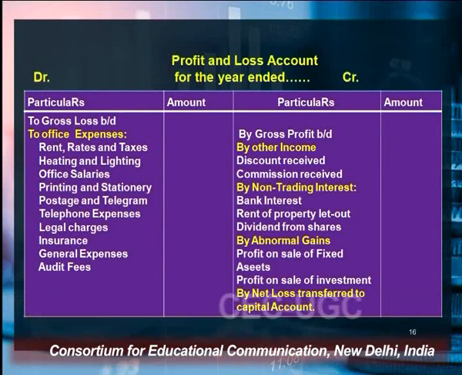So all the items related to the office will be treated as office expenses, which are indirect expenses shown on the debit side of the profit and loss account.